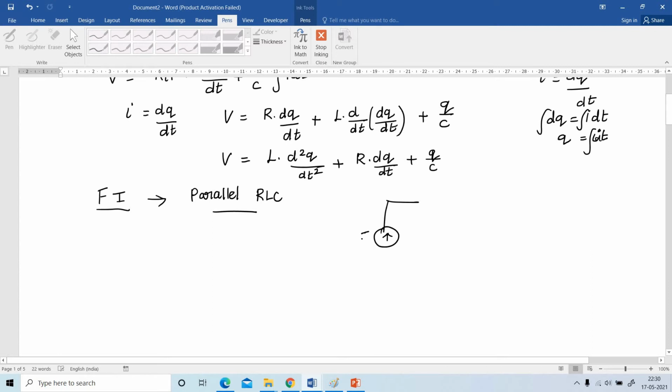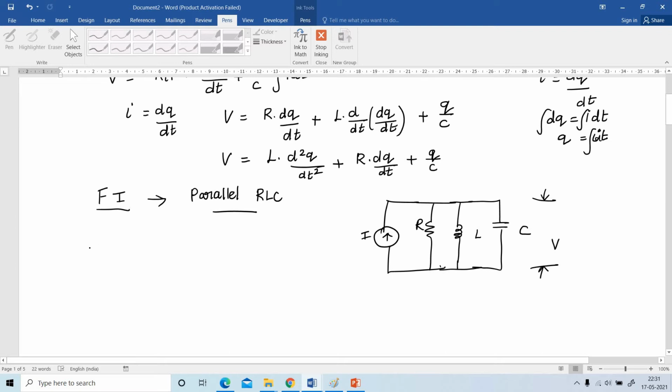The current is I. The parallel RLC consists of resistance R, then inductance L, then capacitance C. This is the parallel RLC circuit. What is the voltage across it? That is V.